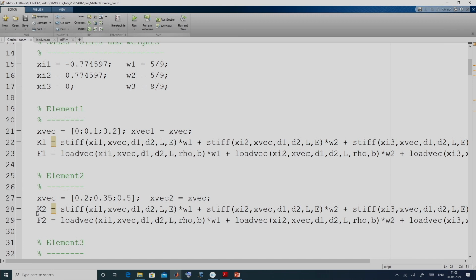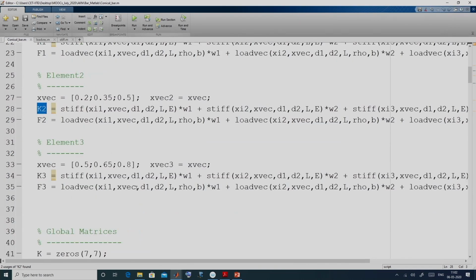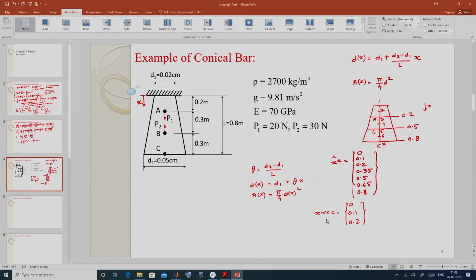Again, in a similar way, we calculate the element stiffness matrix for element 2 using this x vec through the rule of Gaussian quadrature. For element 3, again the only thing that changes is the x vec, 0.5, 0.65, 0.8, which we get from nodes 5, 6 and 7.